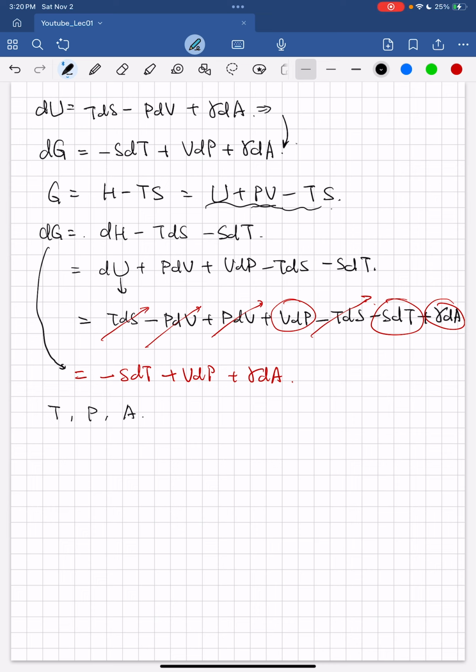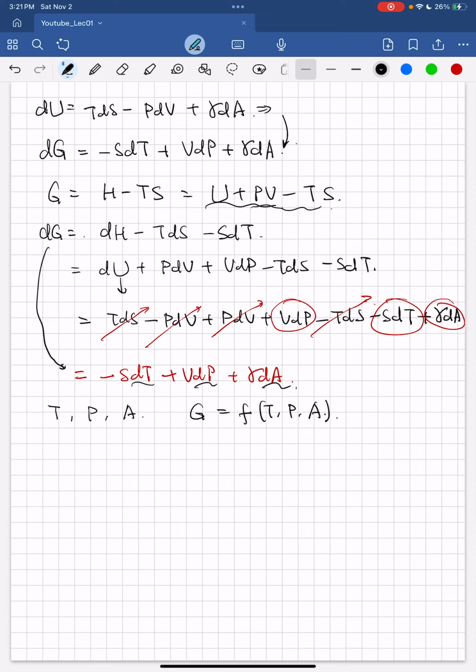So you can say, we learned this before, that G, Gibbs free energy, is a function of temperature, pressure, and area, in this particular model where we only consider mechanical work and surface energy work.